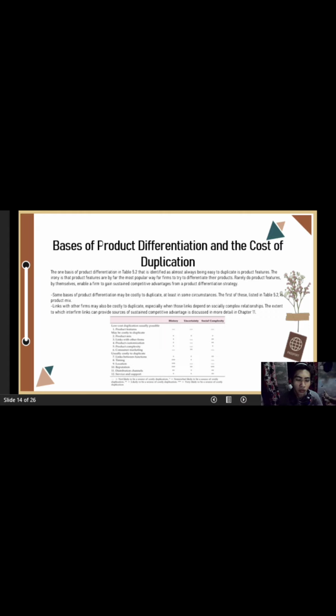The usually costly to duplicate are the links between functions, timing, location, reputation, distribution channels, and service support.